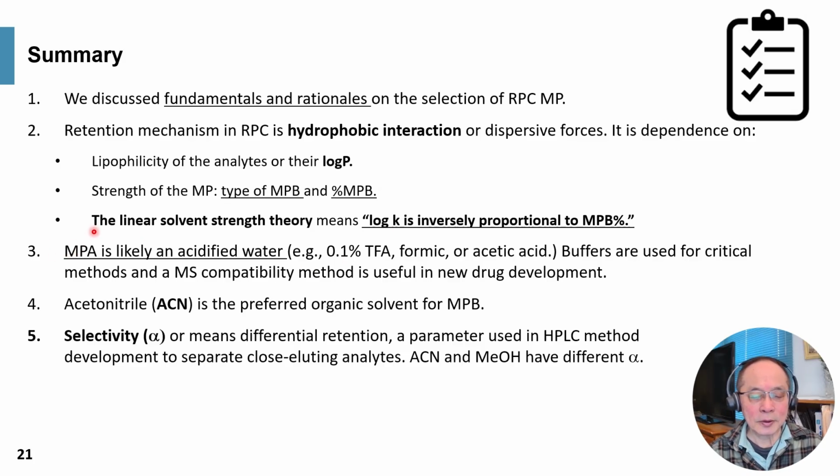The model called the linear solvent strength model, meaning that log k is inversely proportional to the percentage of mobile phase B, actually describes the fundamentals of reverse phase chromatography very well.